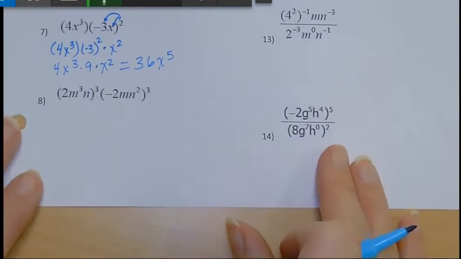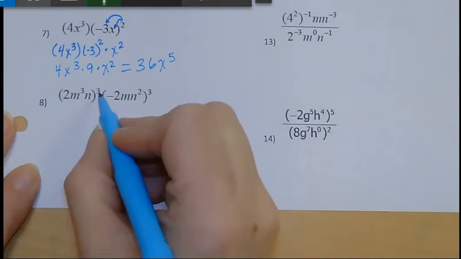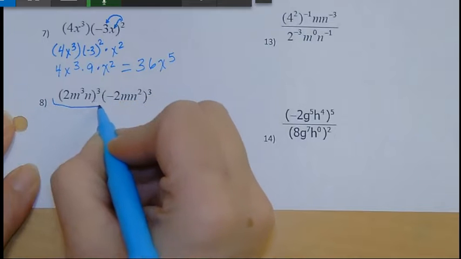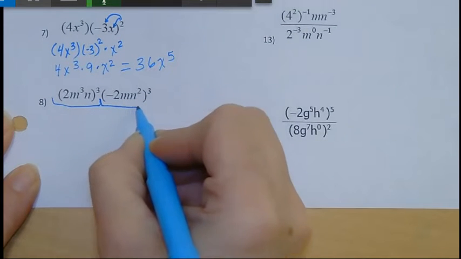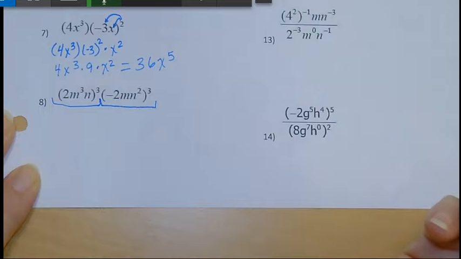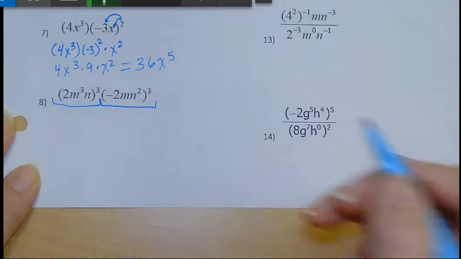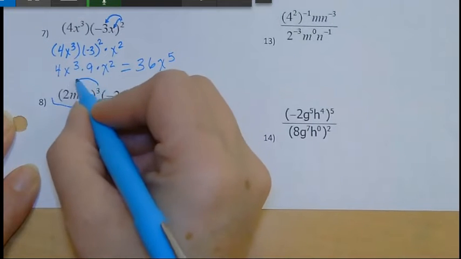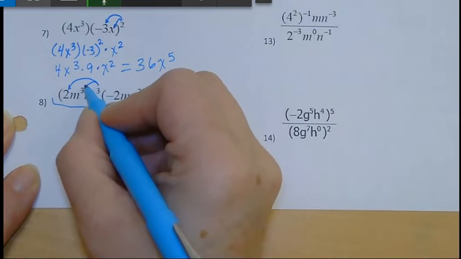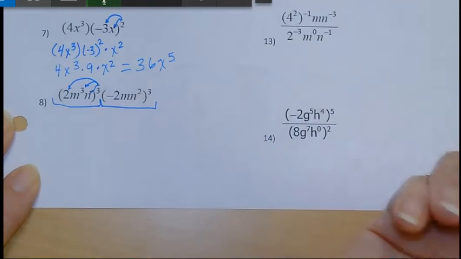And number 6. Again, I have 2 things that I'm multiplying times each other, but I can't multiply anything together until I deal with those outer exponents. So I need to distribute that 3 to every single factor inside my parentheses, every single factor.